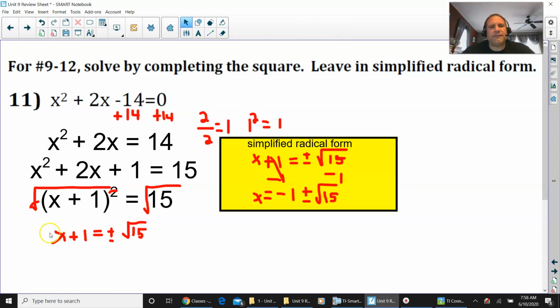We are not going to take the square root of 15, round it, or put it in the calculator at all. You minus 1 on both sides. You get x equals negative 1 plus or minus square root of 15. Now, normally you would try to simplify that radical further, but 15 has no factors that are perfect squares. It's 5 times 3 or 15 times 1, and those are not perfect squares, so it stays x equals negative 1 plus or minus square root of 15.